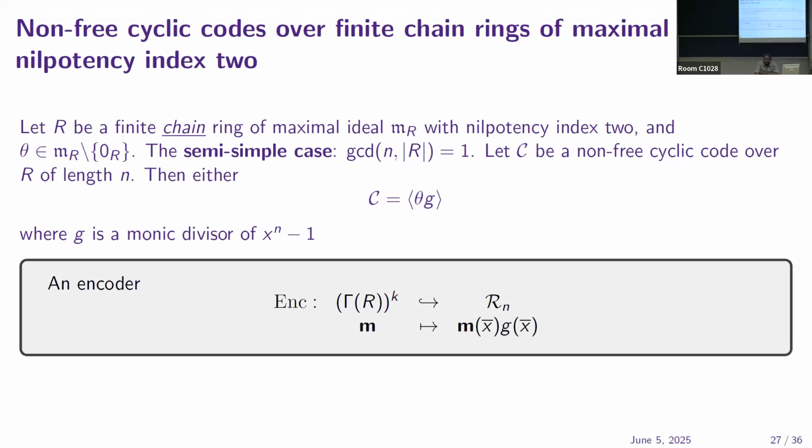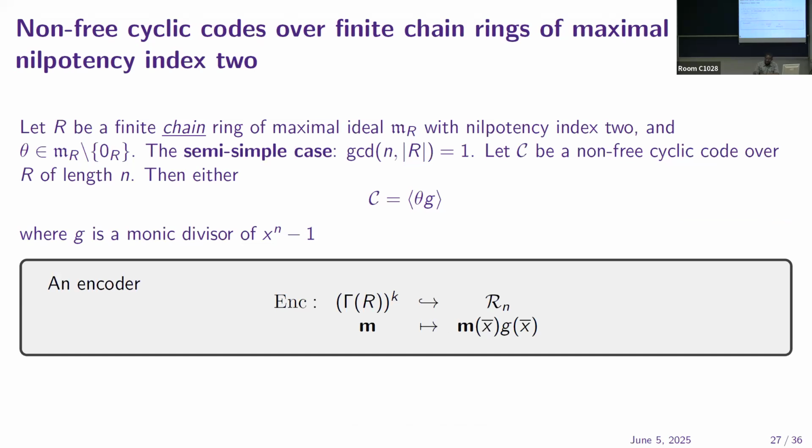Non-free cyclic code, we distinguish two cases. First case, C is generated by theta D. Theta is the generator of the maximal ideal of R, and D is a monic divisor of x^n minus 1.